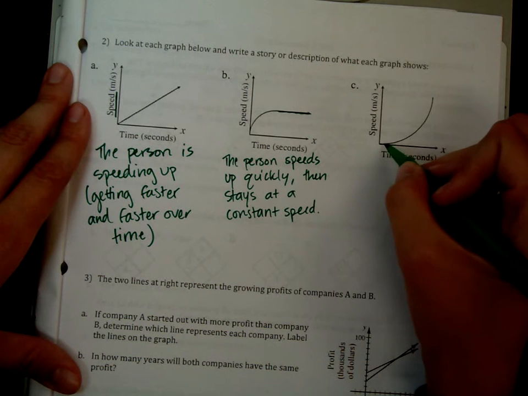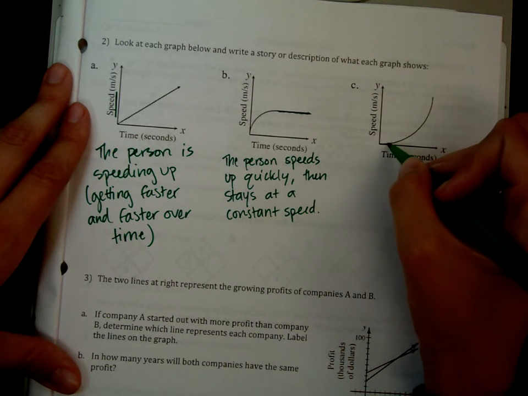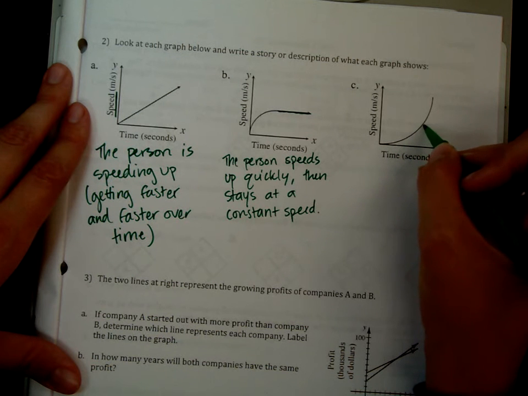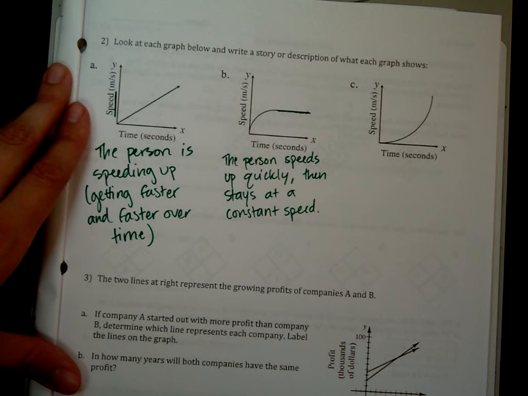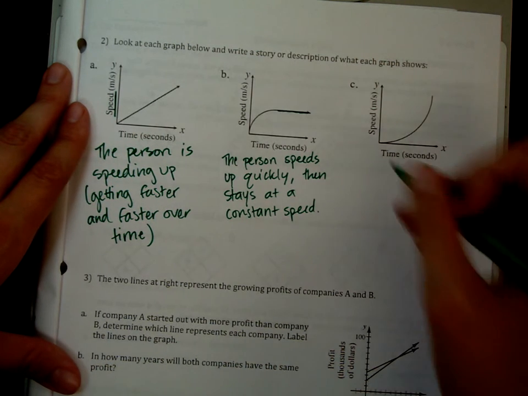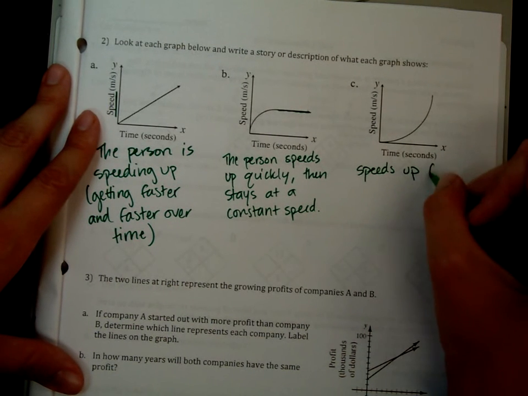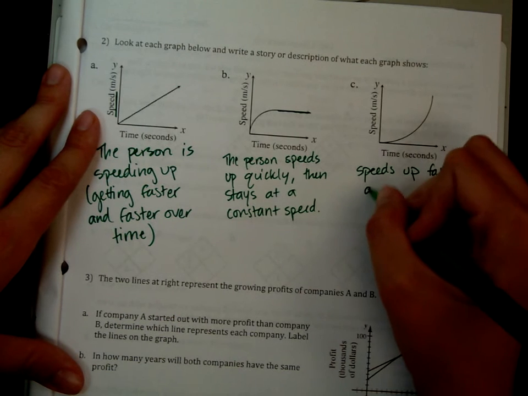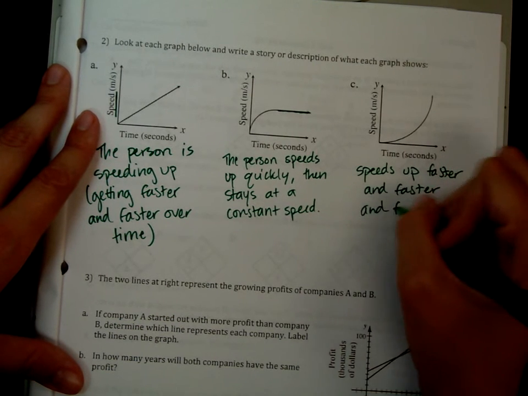And then this person is speeding up really slow at first, and then starts speeding up faster and faster. So this one speeds up faster and faster.